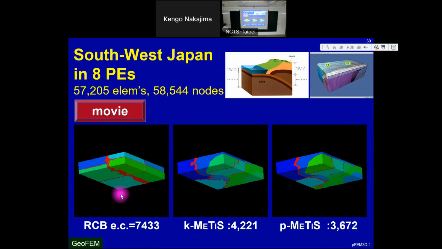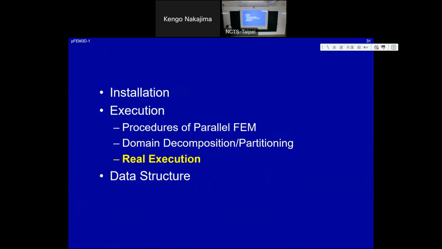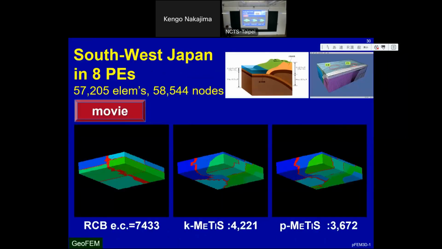This one is RCB, and this one is METIS. You can see the subduction zone is clearly modeled and separated in the case of METIS. But again, it's also included here. I think I have some movie.